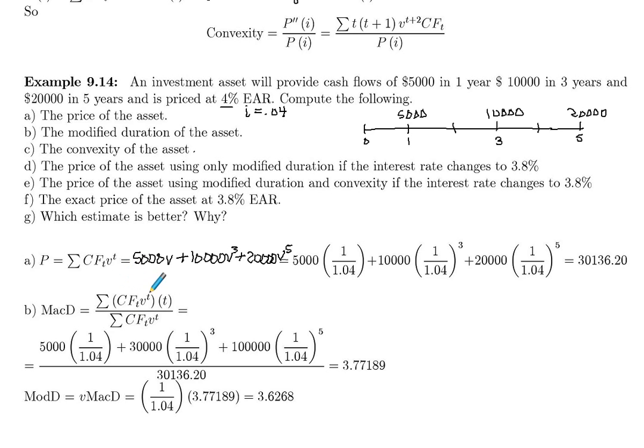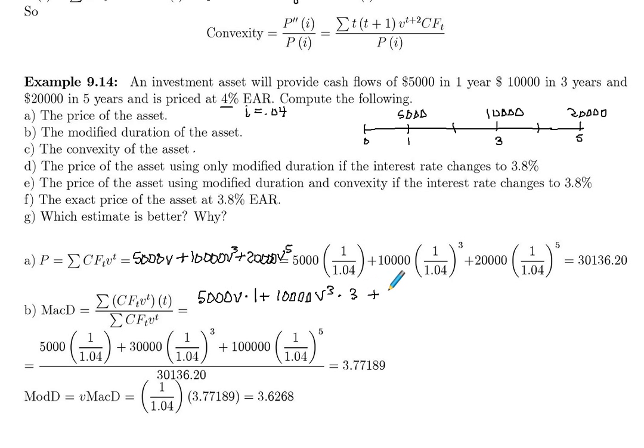On the top here, the present value of the first cash flow is 5,000 v, and that was occurring at time 1, so that's times 1, plus the second cash flow present value is 10,000 v cubed, and that gets multiplied by the duration, which is 3.